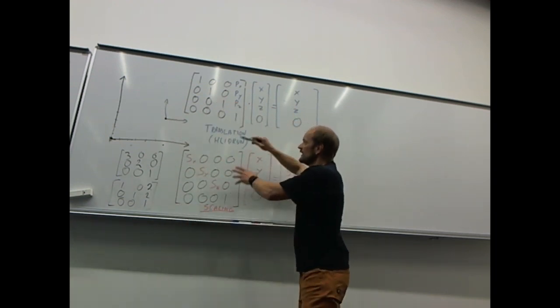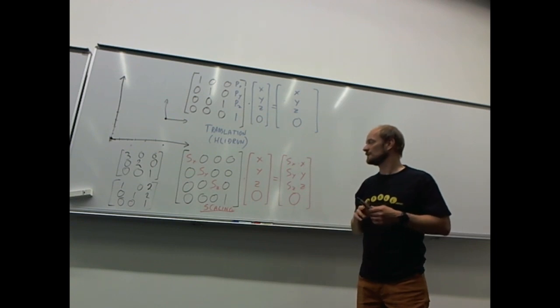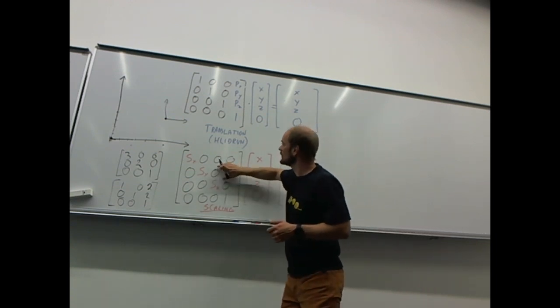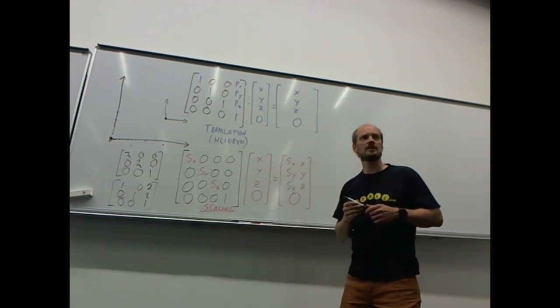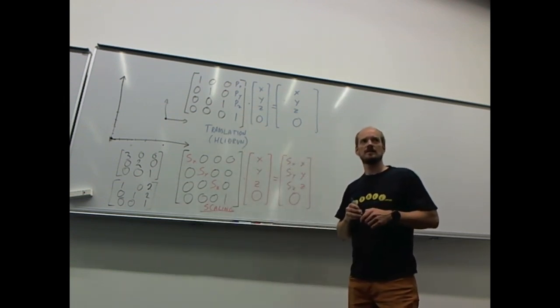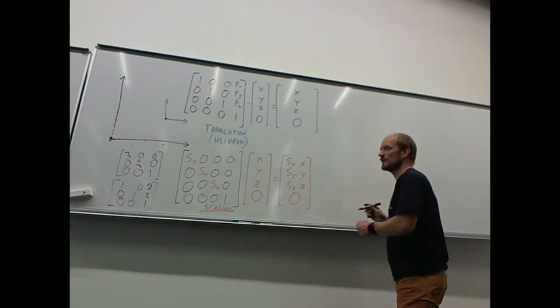Okay, let's just look at these matrices here. What can we do to them to get these results? I can multiply these two matrices together.